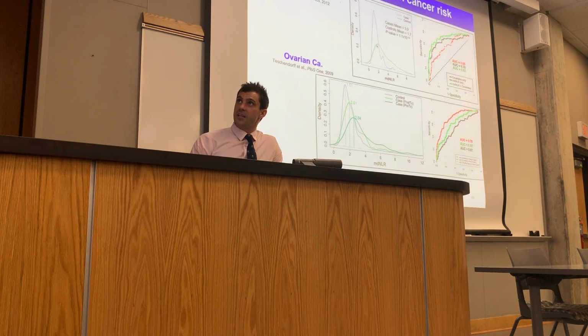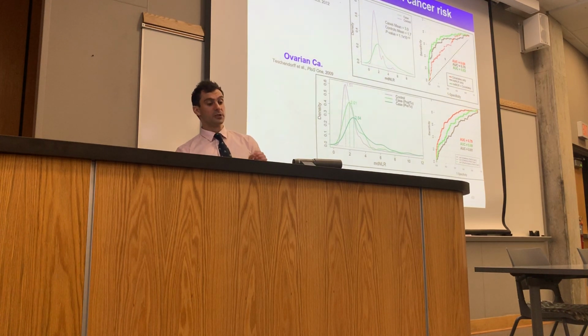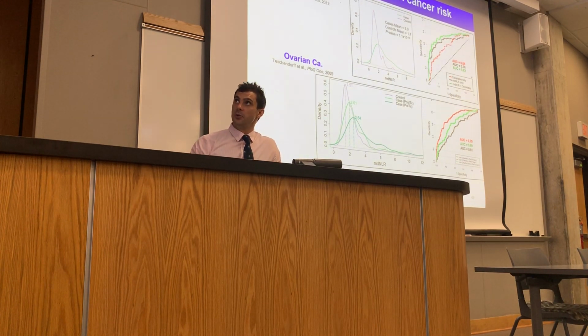And we can see that the case distribution, though there is a decent amount of overlap, is shifted towards the right, suggesting that cancer cases have higher MDNLR as compared to cancer-free controls. The other interesting thing is that this MDNLR can actually be used to very highly accurately predict who has cancer and who doesn't, as evidenced by this ROC curve and the corresponding area under the curve.